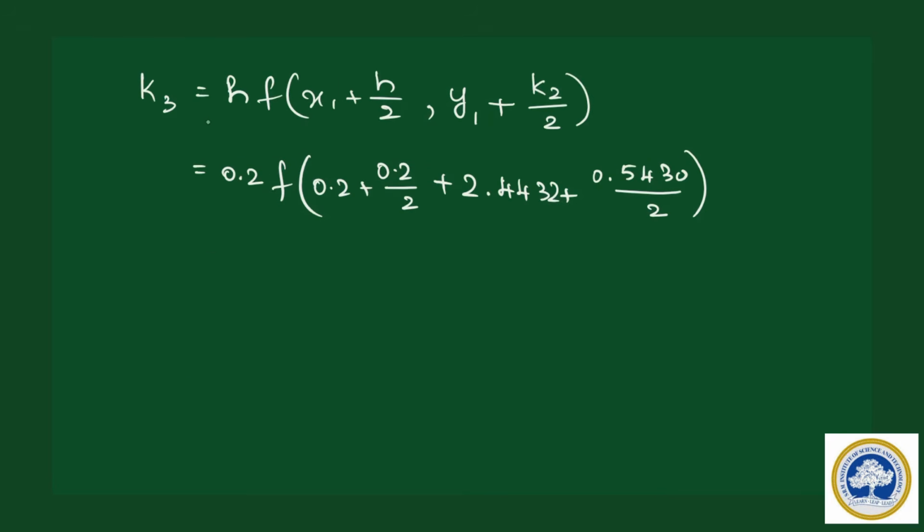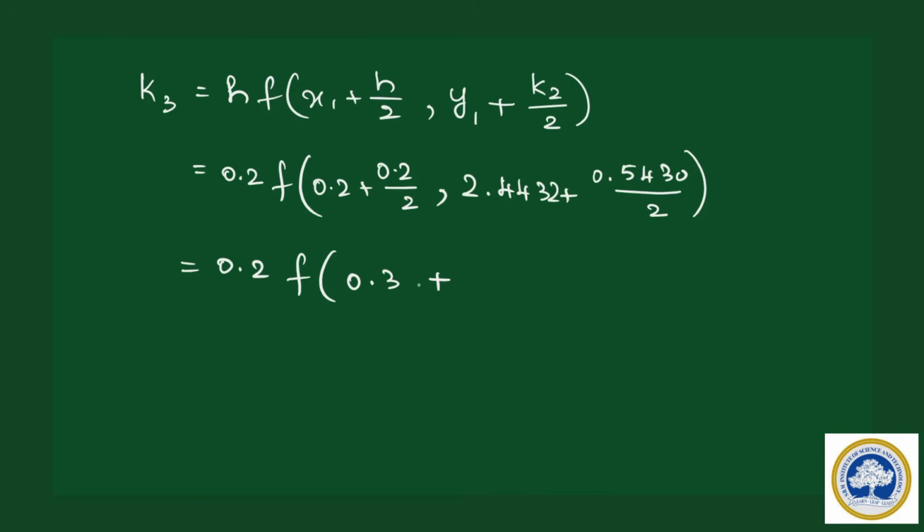Now to calculate K3, formula is h into f of x1 plus h by 2 comma y1 plus k2 by 2. So after substituting the values for x1, h, y1 and k2, we will get 0.2 into f of 0.3 comma y1 plus k2 by 2.